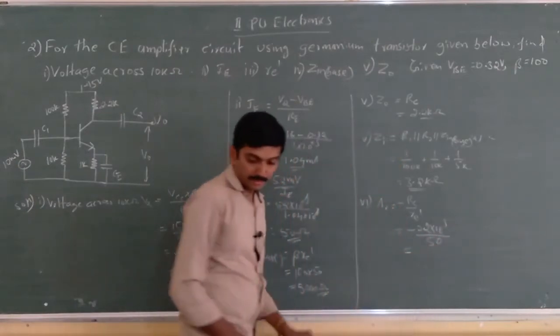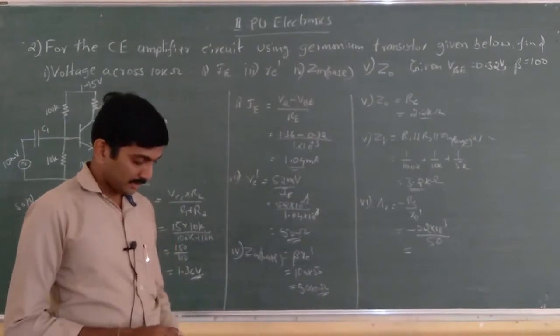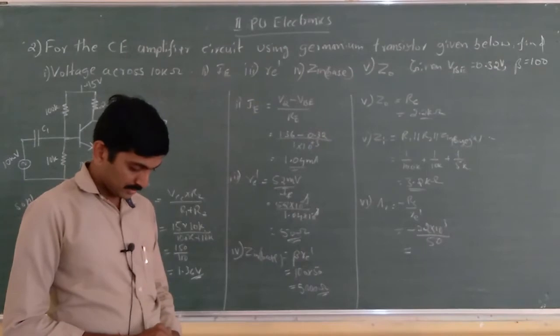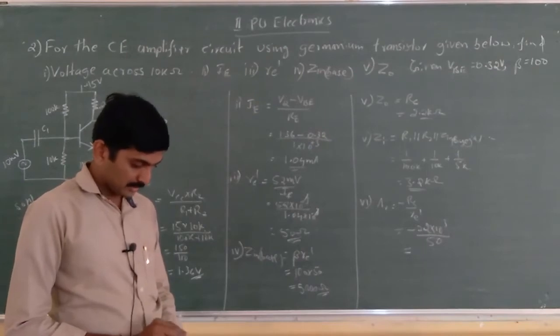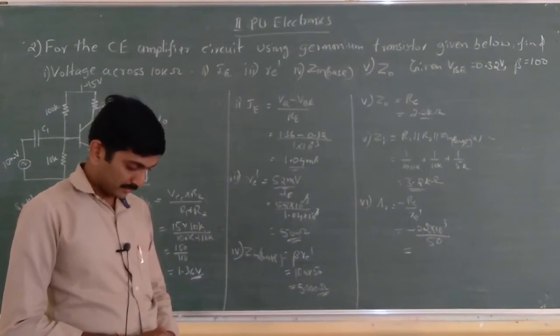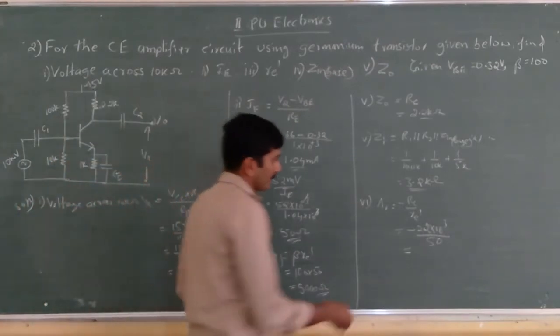So, negative sign indicates the inversion, and 2.2 divided by 50 into 1000 equal to 44. Gain is 44.